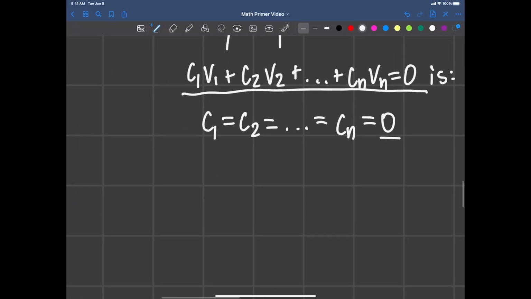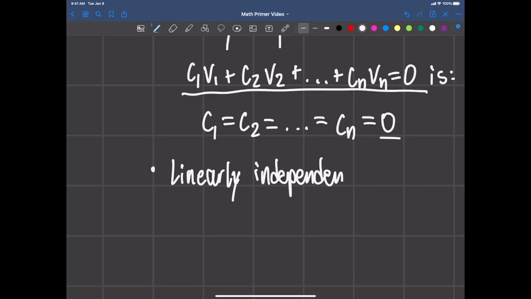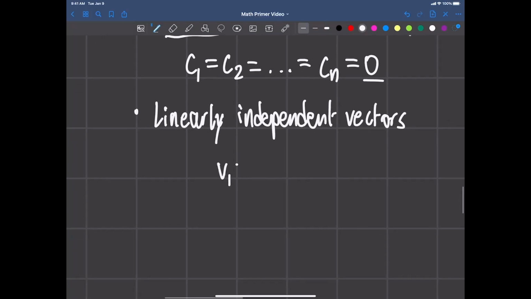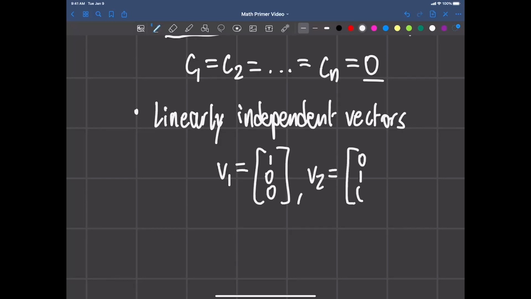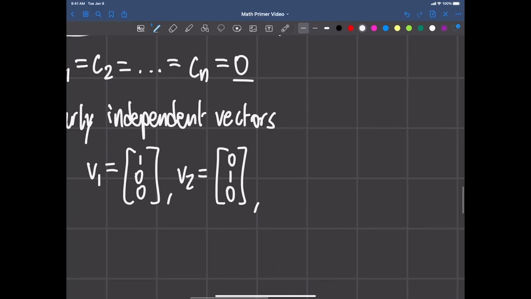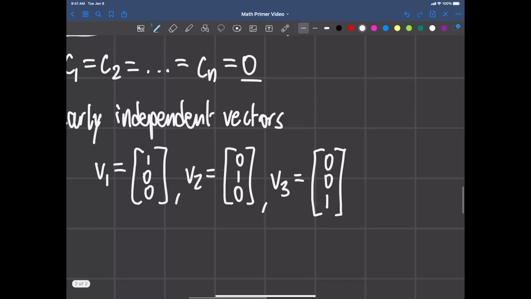Here are some more examples of linearly independent vectors. If you have vector 1, vector 2, and vector 3, there's no way to combine these vectors to make the other one.